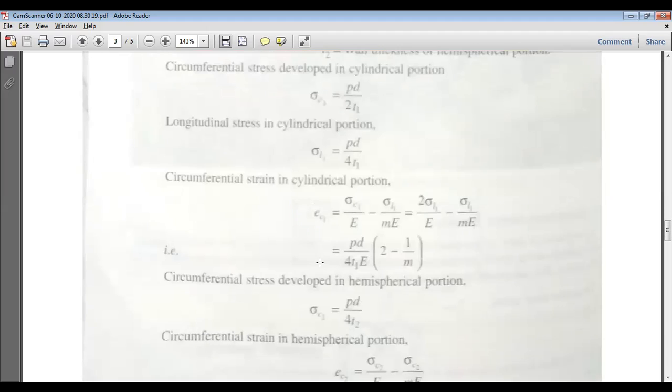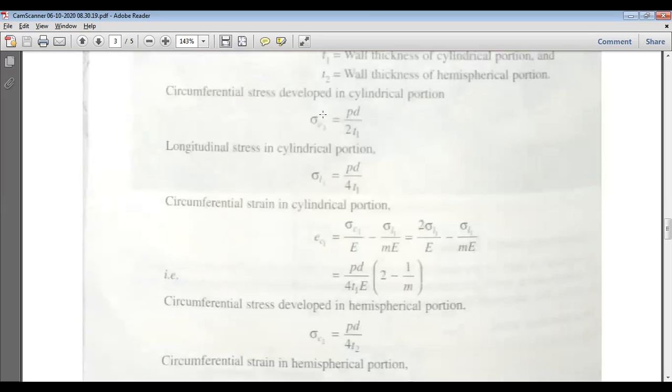So we can see the circumferential strain in the cylindrical portion, EC1, is equal to sigma C1 by E minus sigma L1 by ME. How is this calculated? First of all, we have to know the compressive stress sigma C and the longitudinal stress sigma L, which we have already calculated, and we know that strain is stress divided by modulus of elasticity.